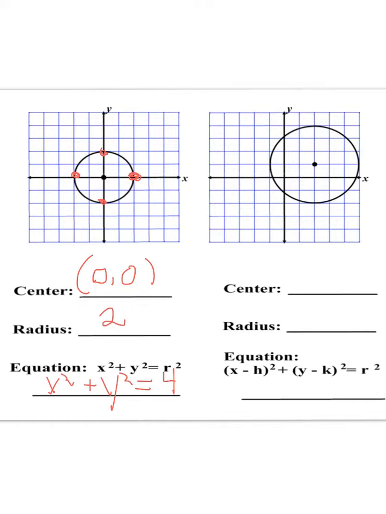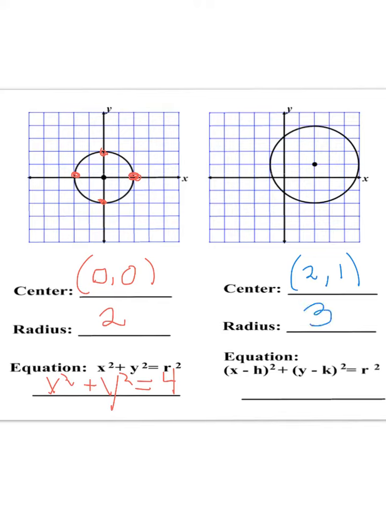For the next one, the center of the circle is stationed at 2, 1. If I count out, up, to the left, and down, I get the same constant of 3 for my radius.